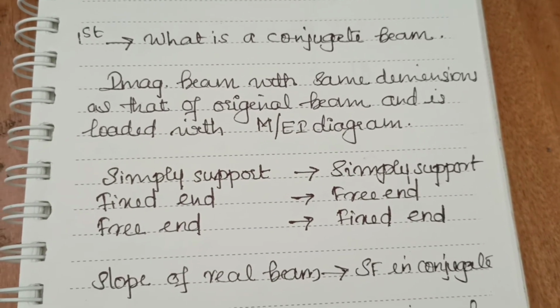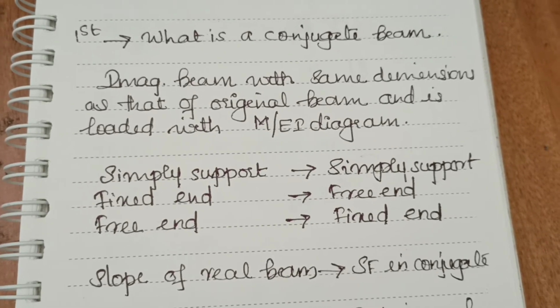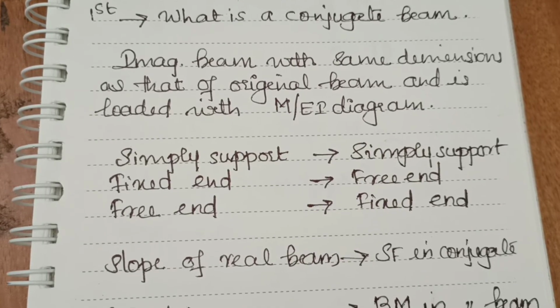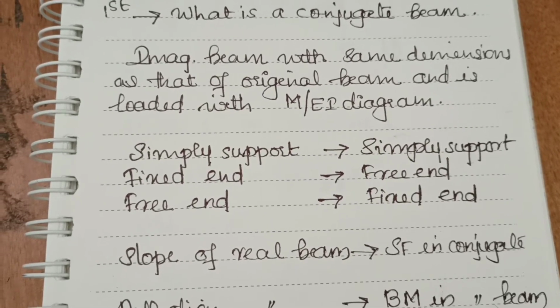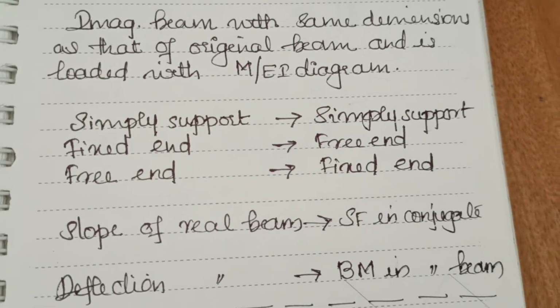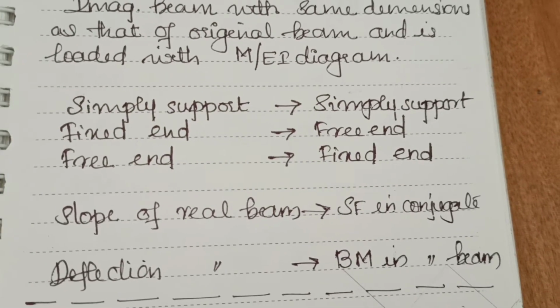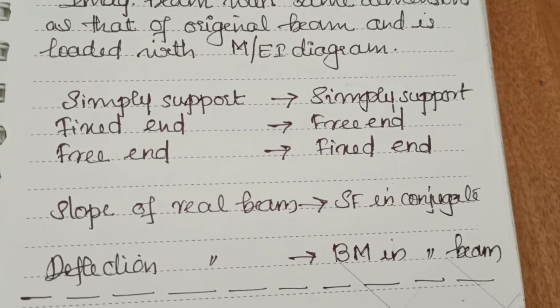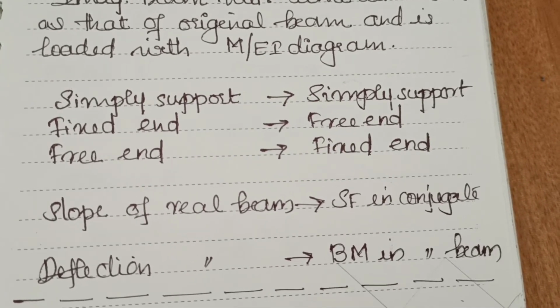So in the analysis, to find out the slope of real beam, we need to calculate the shear force in a conjugate beam. Secondly, to find out the deflection in a real beam, we need to calculate the bending moment in a conjugate beam.